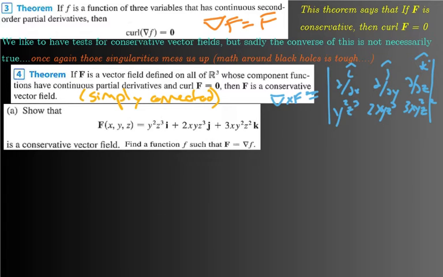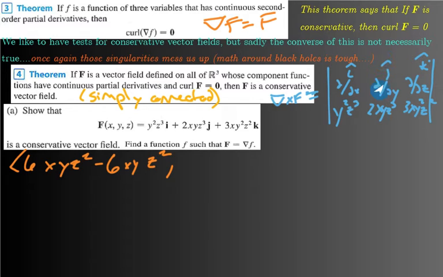So if we go through and do all that out, we're going to have the partial of this one, which is going to be 6xyz squared, minus, let's make this a vector here, minus the partial of this one with respect to z. That is also going to be 6xyz squared, which is good so far.